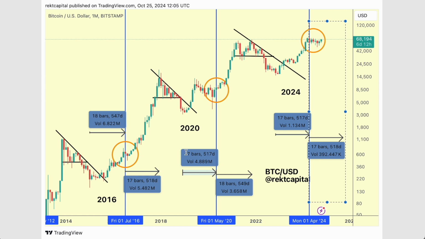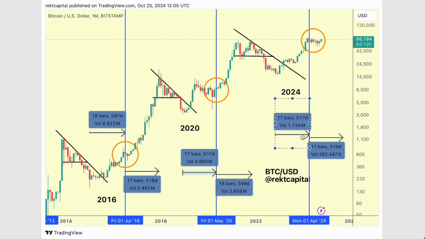And so if we look at what's been in the past, if we saw a bear market bottom occur 517 days before the halving, then we tend to see a slightly longer extension by a month, so 550 days. On the other hand, if the bear market bottom occurs 550 days before the halving, then 518 days after the halving is where we have a bull market peak.